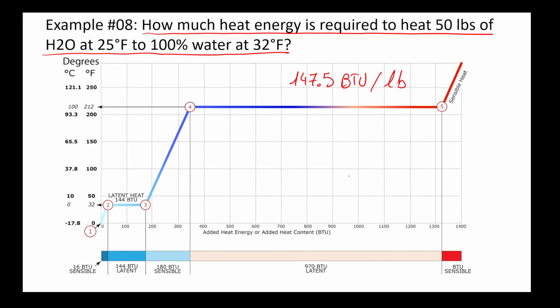For this question, we need it for 50 pounds, not for 1 pound. So we need X amount of BTU.